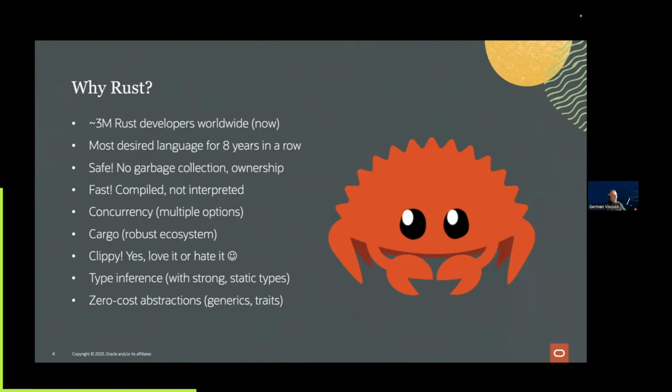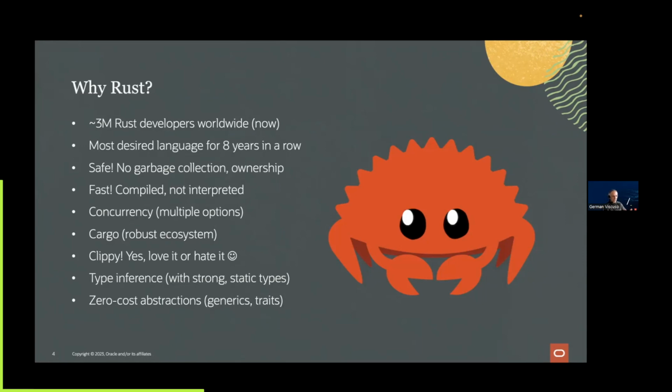So Clippy is basically a very pedantic agent that will tell you everything that is wrong about your code. Every time you're trying to build a specific Rust project, Clippy will show up saying, hey, you did this, but you probably meant that, right? Or, hey, this is not how you're supposed to do this. Maybe this piece of code will help you, that kind of thing. I like it because it's not a compiler error.